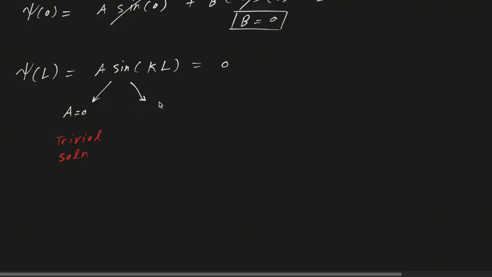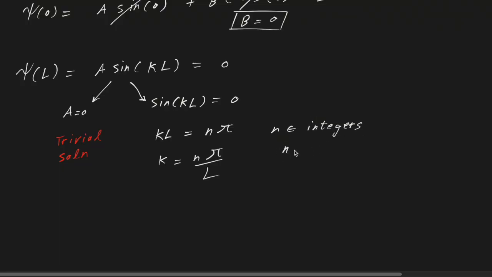A more interesting solution appears when we take sine kL to equal 0, which means that kL must be a multiple of pi. That's the only time, an integer multiple of pi, which makes the sine vanish at this position, meaning that k is n pi over L, where n belongs to the integers.